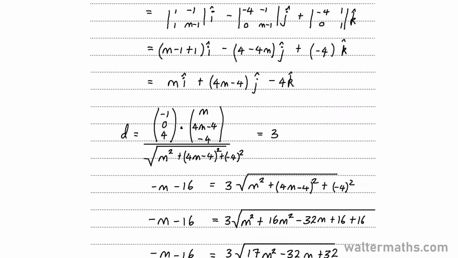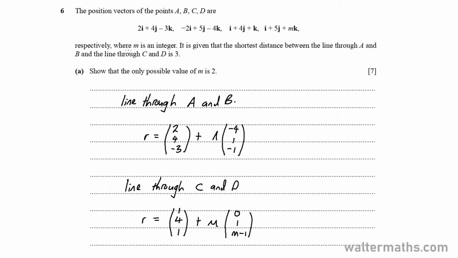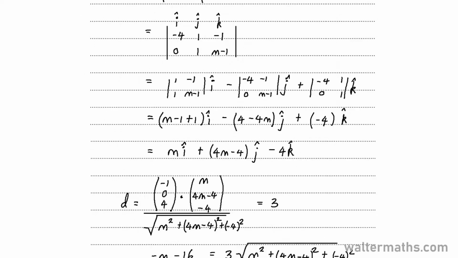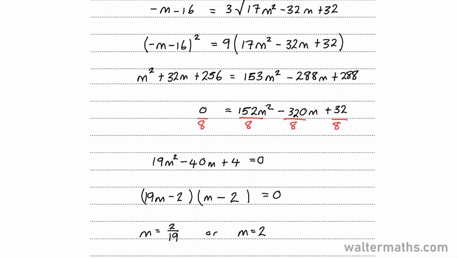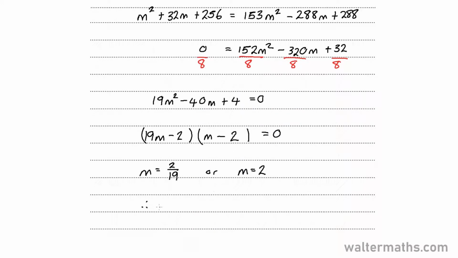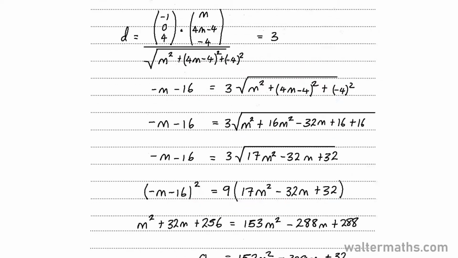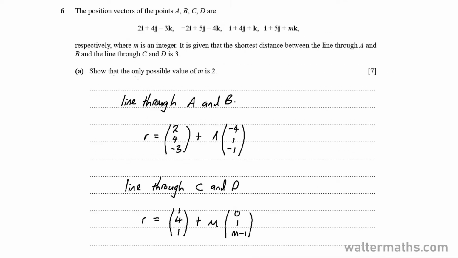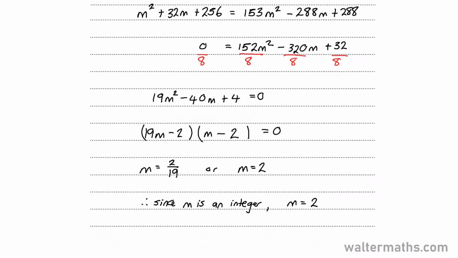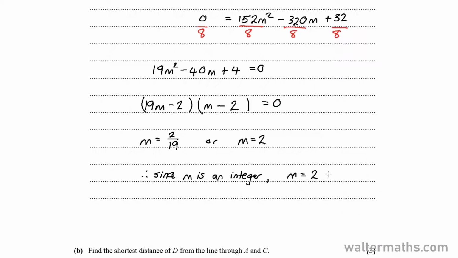Now, according to the question here, M is an integer. So we are going to take the integer value of M. So we're going to say, therefore, since M is an integer, M should have the value 2. And that's what they wanted us to show, that the only possible value of M is 2. So I'm going to say here, hence shown.